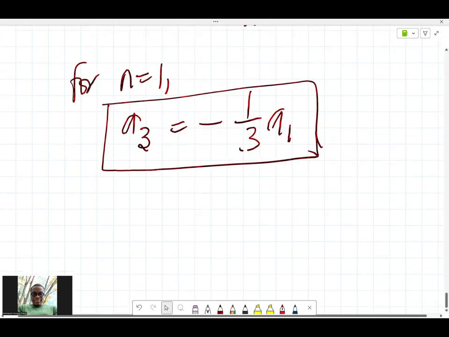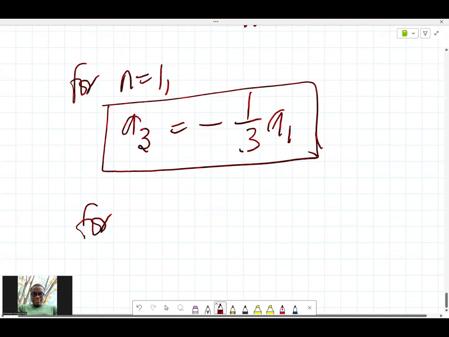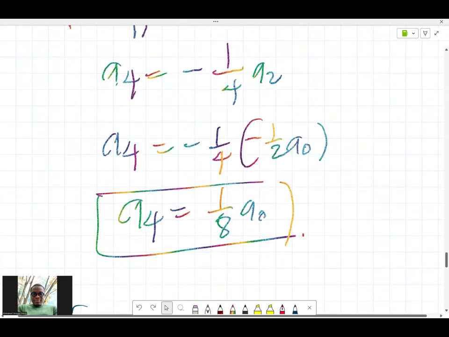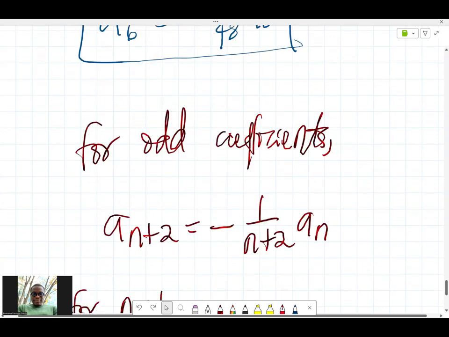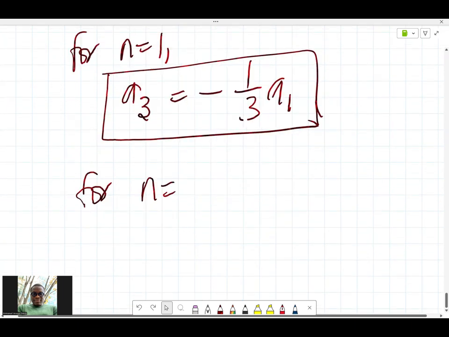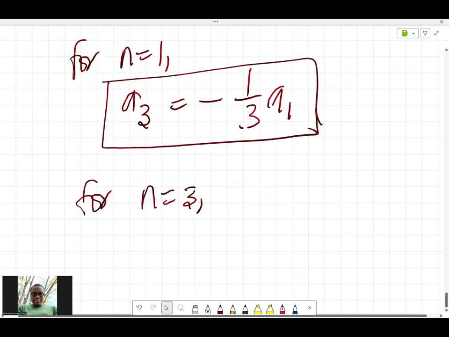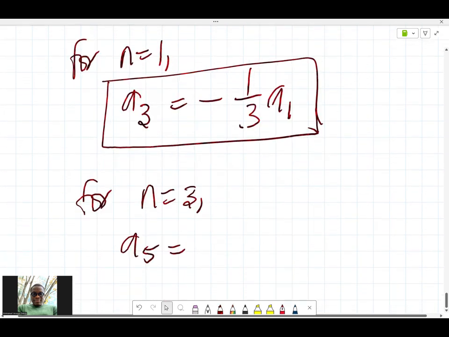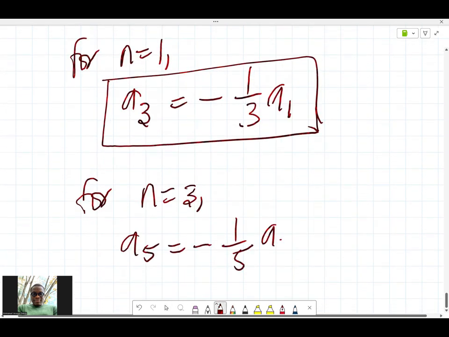Okay, so if you take n equals 2, 2 doesn't work because we've taken care of n equals 2 before. All right, so let's take n equals 3. We have to jump. So even numbers together, odd numbers together. So that means we have a5 equals minus 1 over 5 a3.